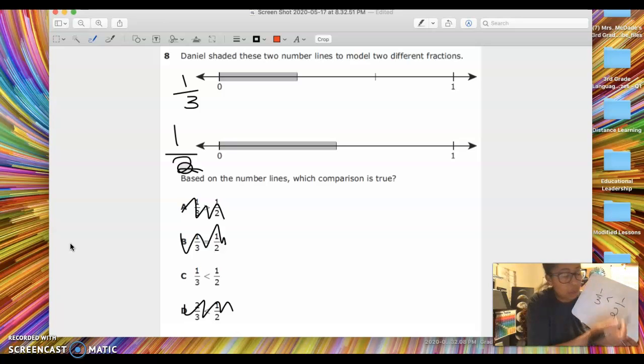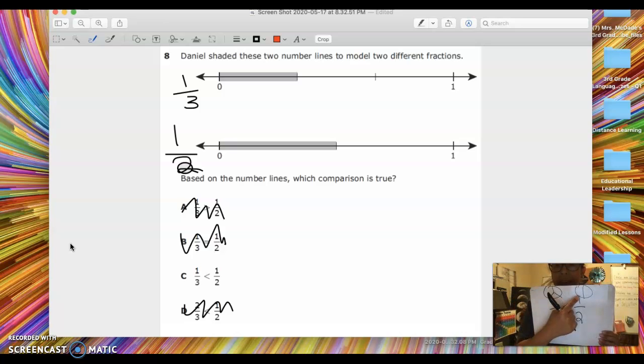thirds. So if I had a pizza and I split that in half and then I had another pizza and I split that into thirds, my pizza pieces for my half is going to be a lot bigger than my pizza pieces for a third. Okay, so the rule of thumb, the larger your denominator is, the smaller the piece.